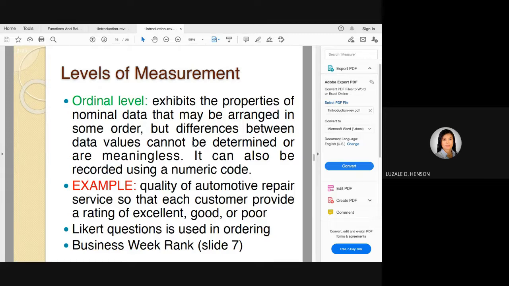Kasi if ever nag-rank ka ng first, second, third, fourth, and fifth, hindi mo pwedeng ipag-add si 1 tsaka si 5 para magkaroon ka ng average doon. No, it's meaningless. So, parang ang purpose lang din ng pag-assign mo ng 1, 2, 3, 4, 5 ay for the purpose of encoding.